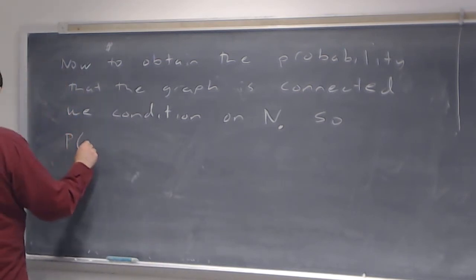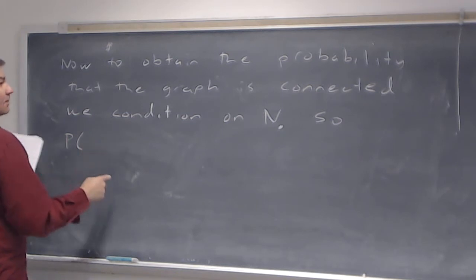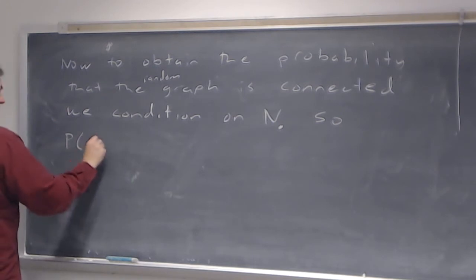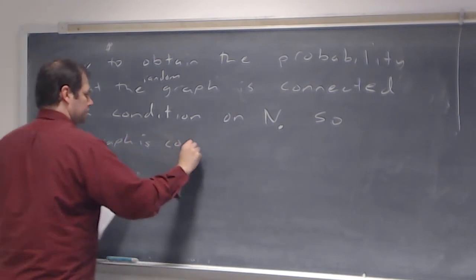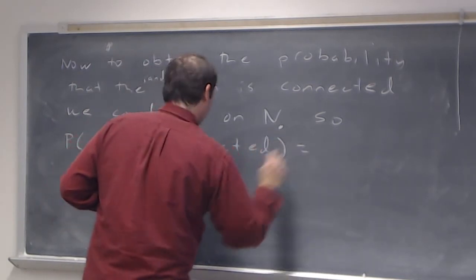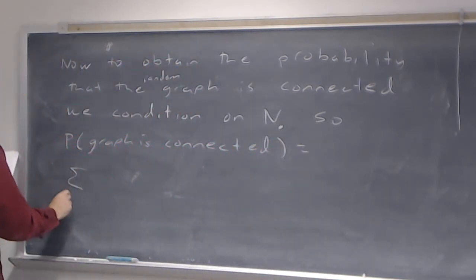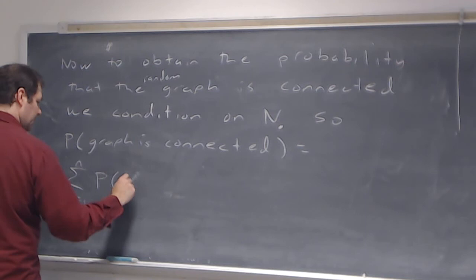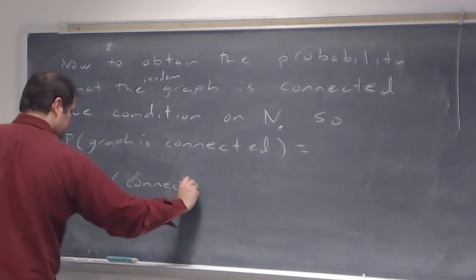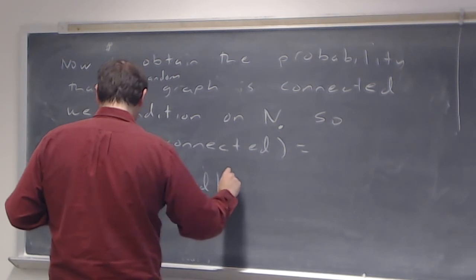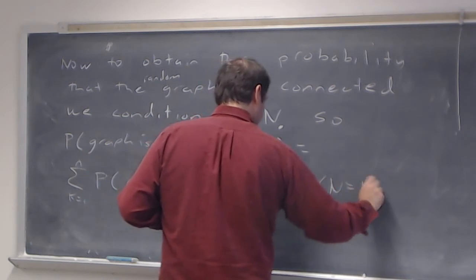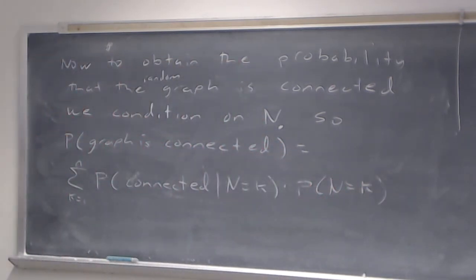So the probability that the random graph is connected is going to be equal to the sum, as k runs from 1 to n, of p, the probability the graph is connected, given n equals k, times the probability that n equals k.